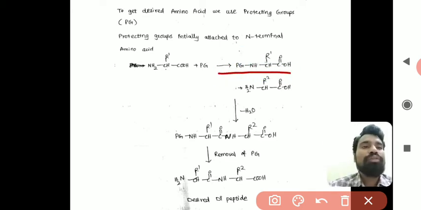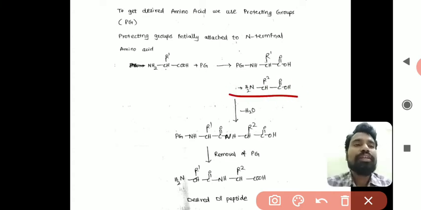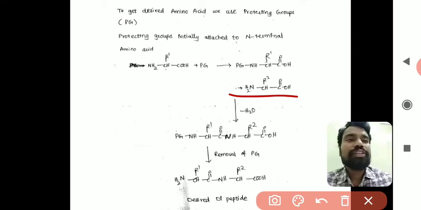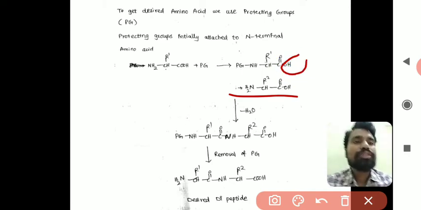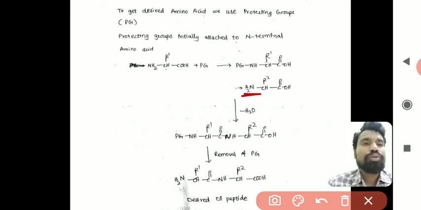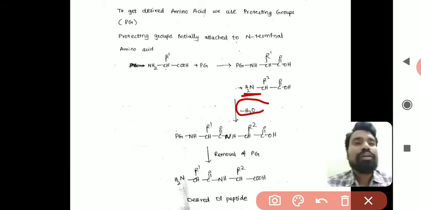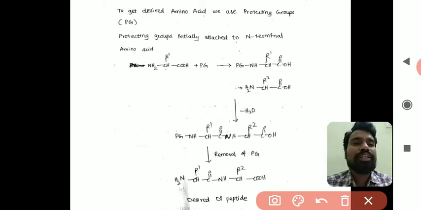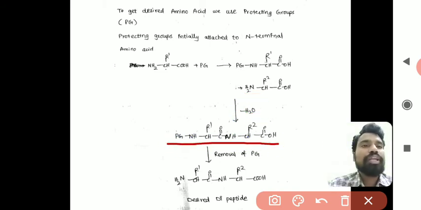Now we add the second amino acid. There is a reaction between this OH and the hydrogen from the amino group, so water is removed and an amide bond forms between the first and second amino acids.